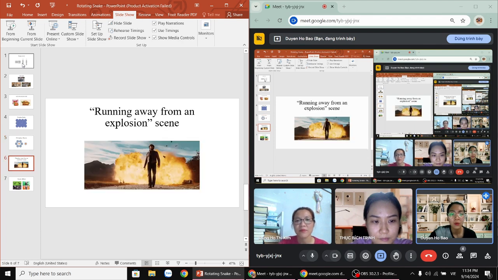The running away from explosion scene is always one of the expressive highlights of every action movie. Heroes like James Bond and Jason Bourne are often seen as being able to easily survive deadly explosions. In real life, a powerful enough explosion can blow away people, trees, cars, and everything else in its path. So, can you run away from an explosion in real life, even for a short distance?